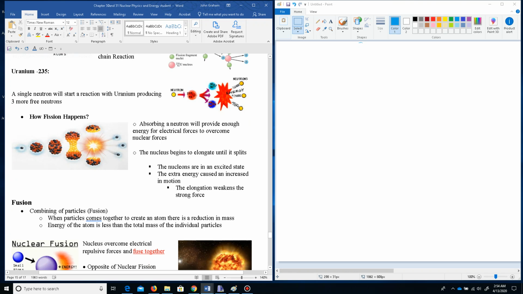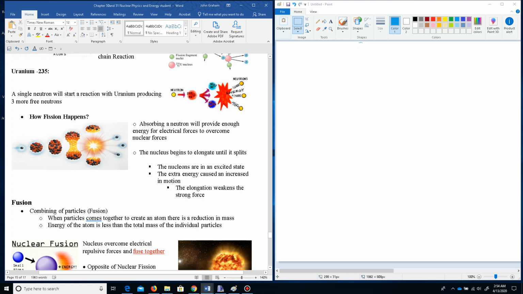And so how does this happen? Well, that nucleus is already unstable. It wouldn't necessarily happen with one that isn't unstable. Because it's unstable, that added neutron is going to make it way more unstable, so it can start pulling apart. The electrical forces within it become too big, the strong force isn't strong enough, and the nucleus begins to elongate until it eventually splits.